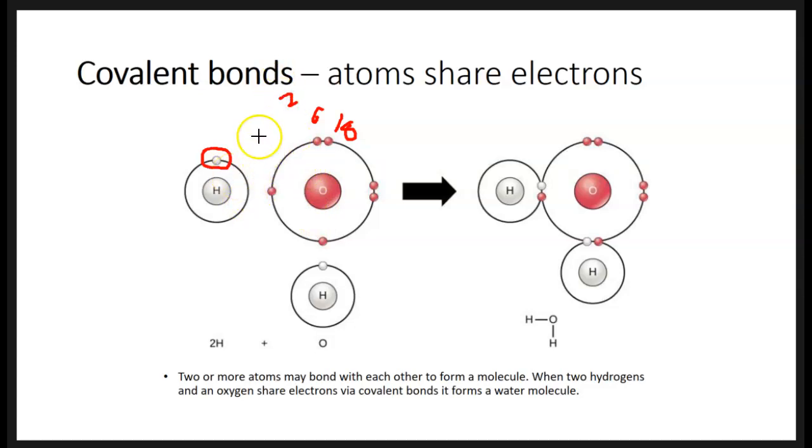If hydrogen is able to gain 1 electron, it's got a full shell. And so hydrogen shares 1 of its electrons with oxygen, and oxygen shares 1 of its electrons, and oxygen does that same thing with another hydrogen. That forms 2 covalent bonds between 2 hydrogens and oxygen, forming this molecule, H2O, that we also call water.